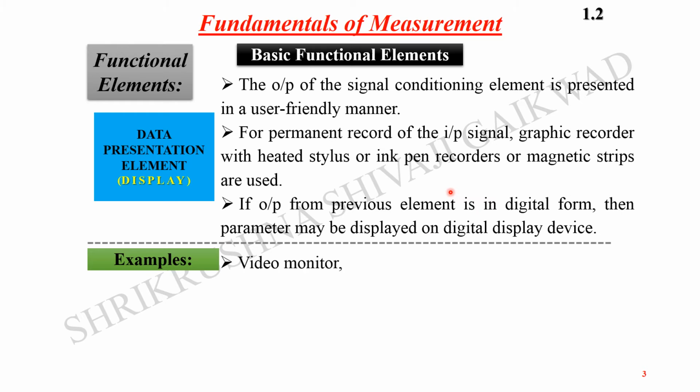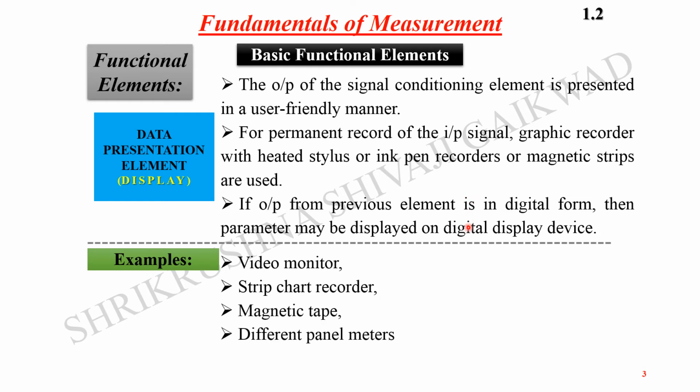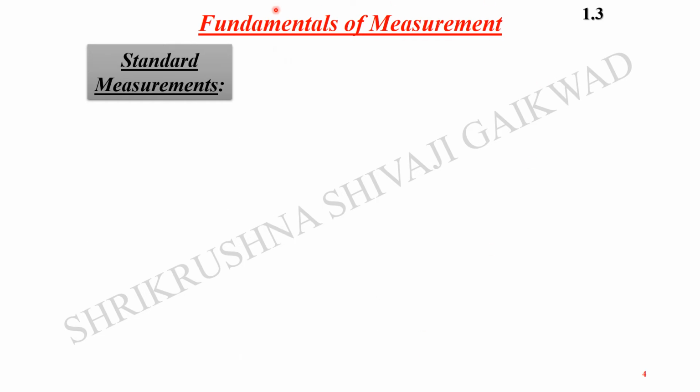Video monitors, then the strip chart recorder, then the magnetic tape, something like an ECG machine, that comes under one of the examples. Then different panel meters, then digital display devices, something like nowadays we can see various notifications or advertisements on the roadsides, where we have digital displays showing the information or advertising.